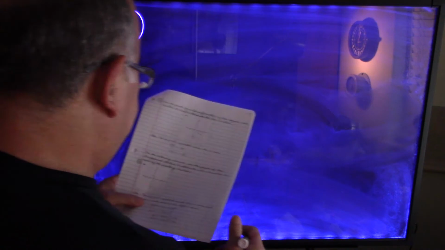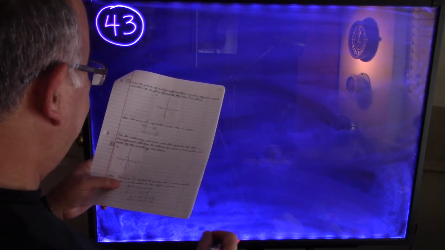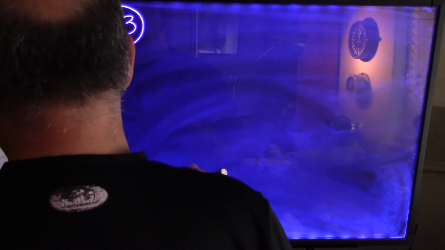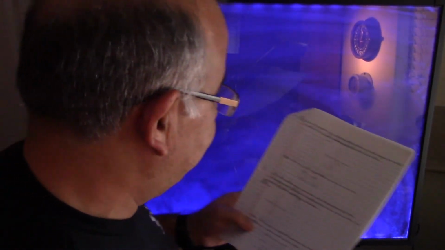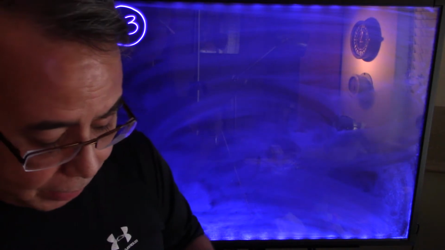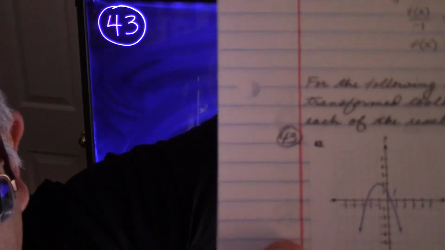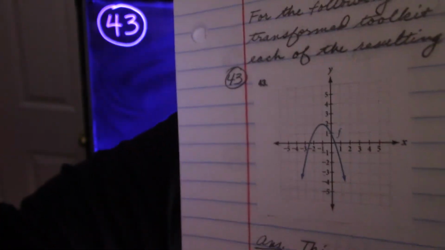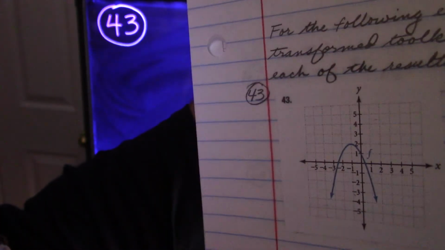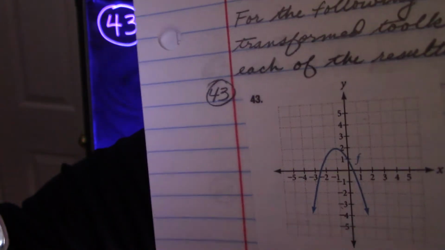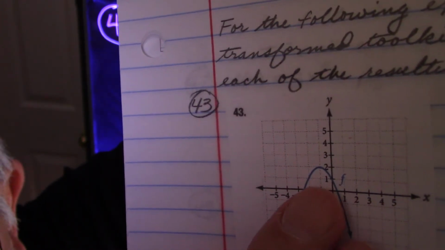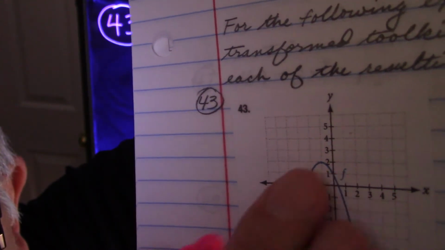Basically you reflected y equals x squared across the x-axis. That'll cause it to open downward. And it's shifted up 2 units and to the left 1 unit. So you reflect, then you shift. Shift up 2 and to the left 1.